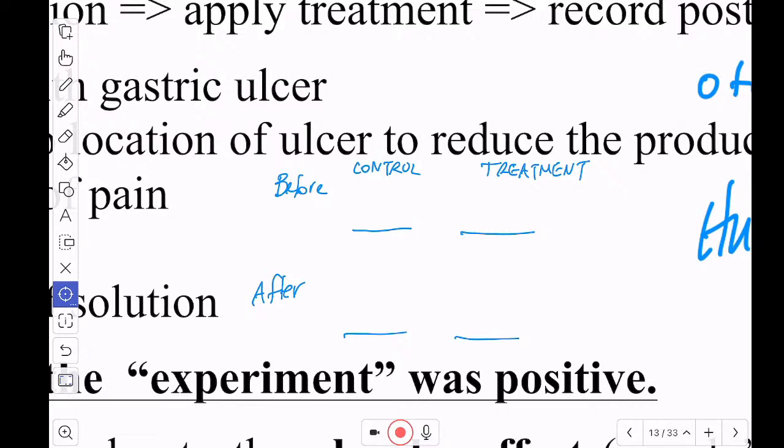So when I compare the results of their response, it should be similar. So before the test, I should see about the same level of pain in both groups. So let's say on average, it's about, let's say this is a 6.